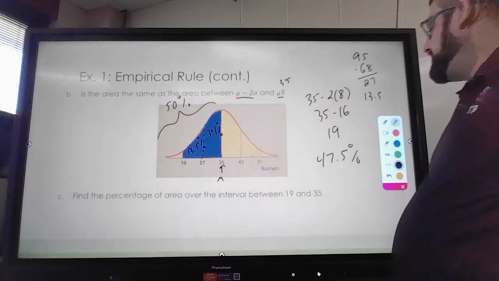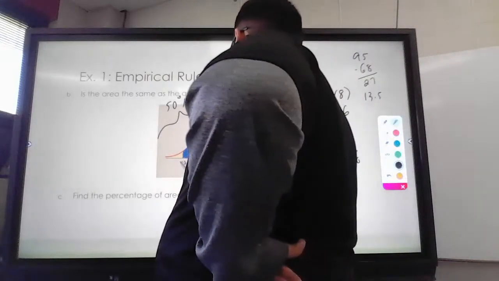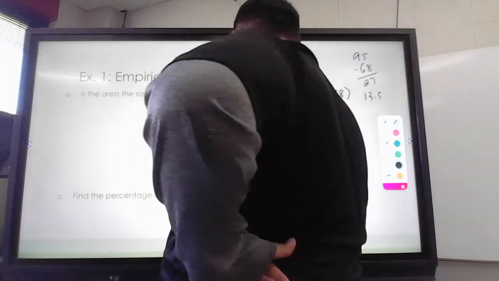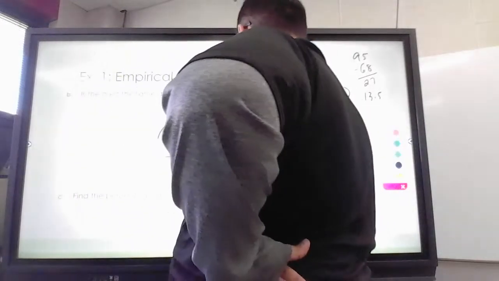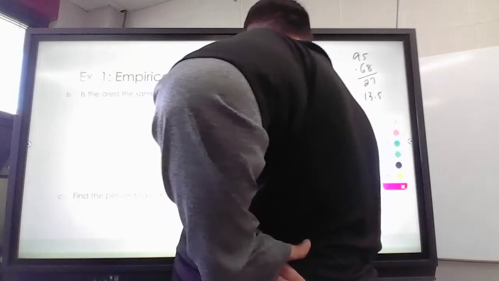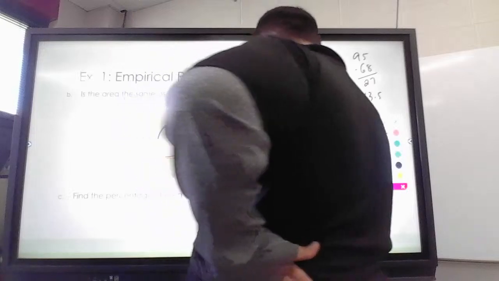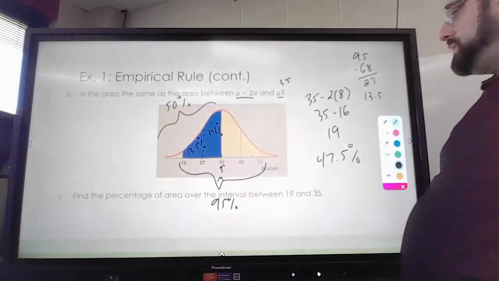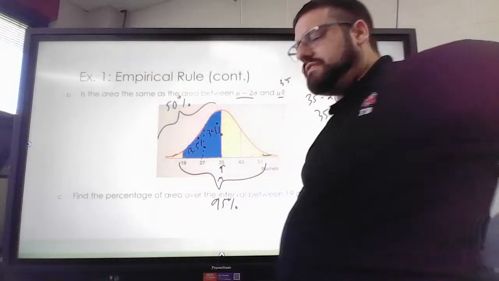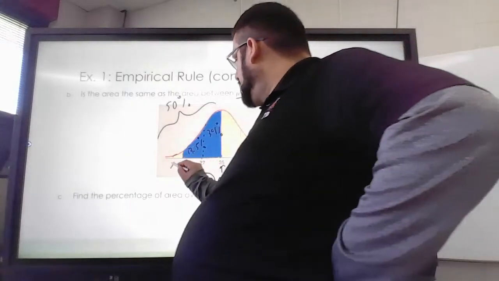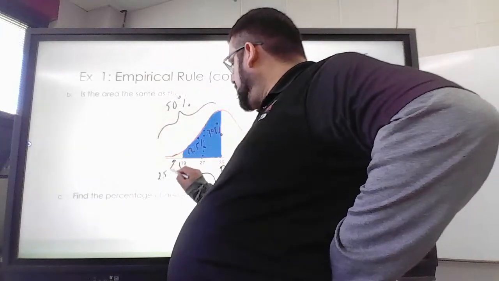Another way to look at it is this. From here to here, this is 2 standard deviations. Actually, I can make that a little bit better. From here to here is 95% of the data, which means that 5% is spread out between here and here. And dividing that evenly by 2, that's 2.5%.